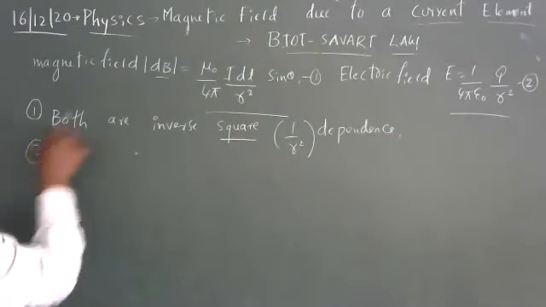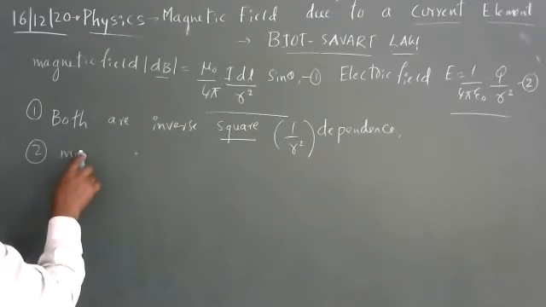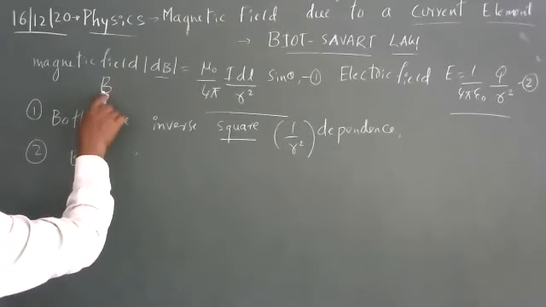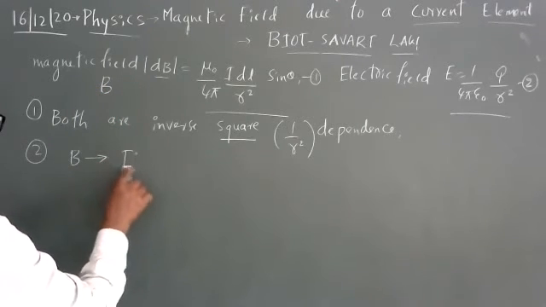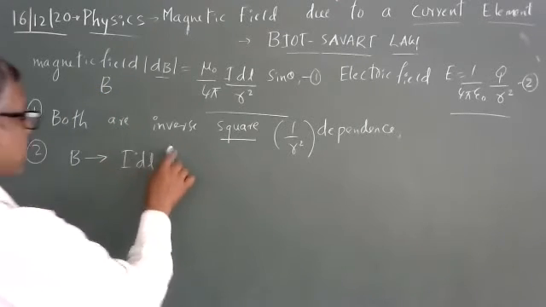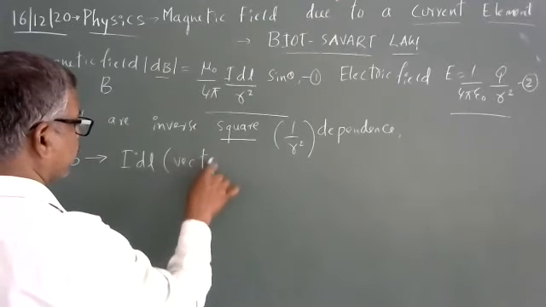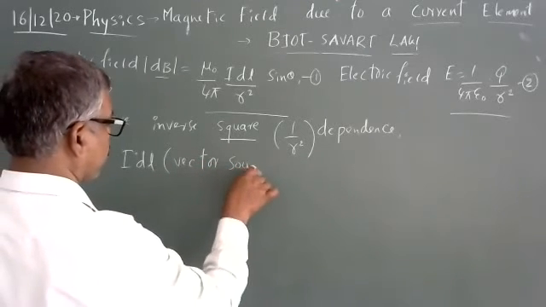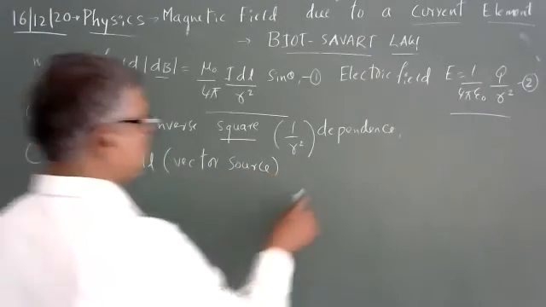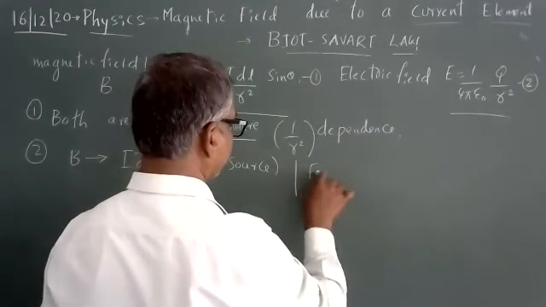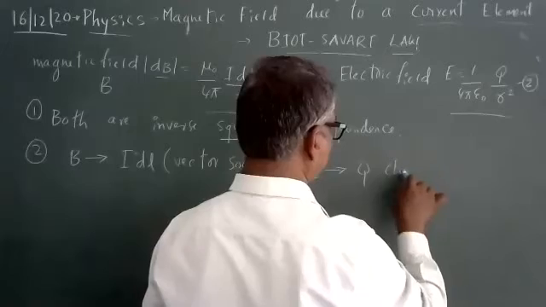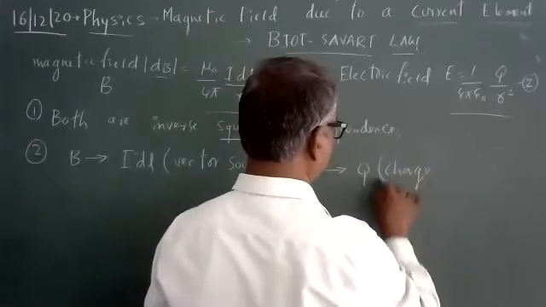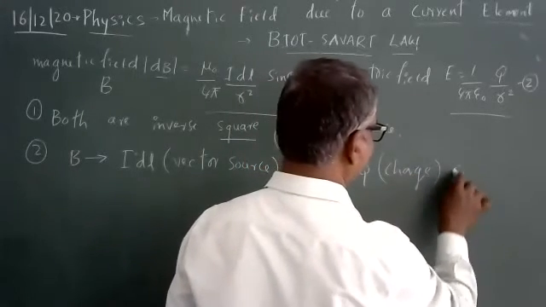Second, the magnetic field B depends on I dl, which is a vector source, whereas the electric field depends on charge, which is a scalar.